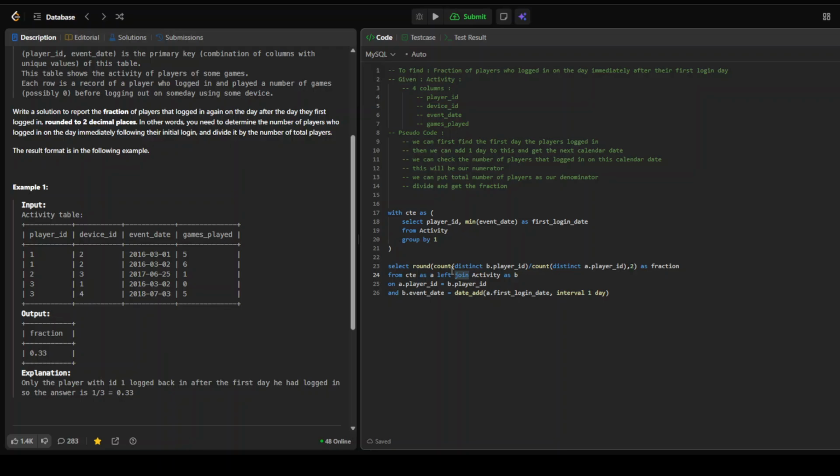Only when I create a left join will not all players that are there in the CTE have their event date 1 day right after the first login date. So that is why we need a left join. We did a left join, we did a count distinct by count distinct, and then we added a round function.